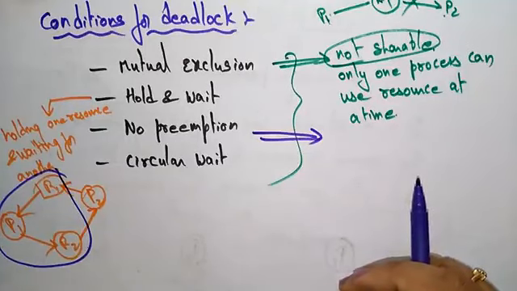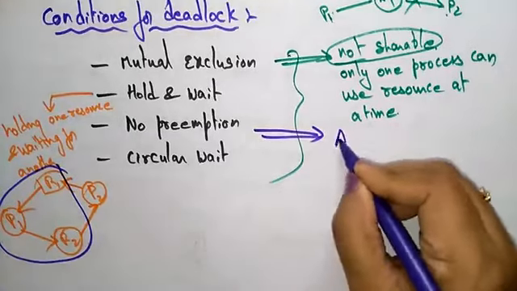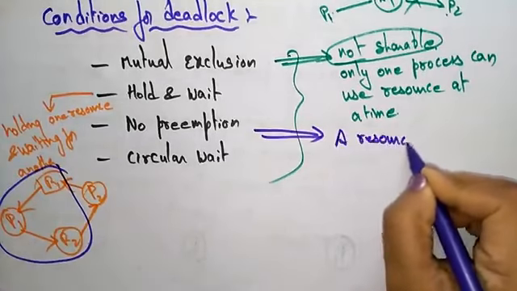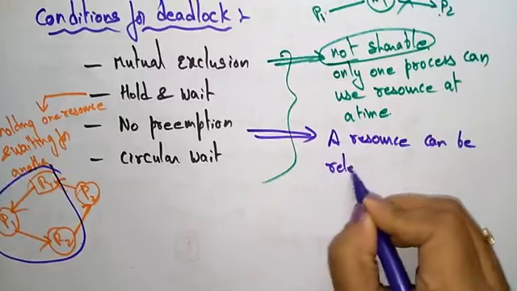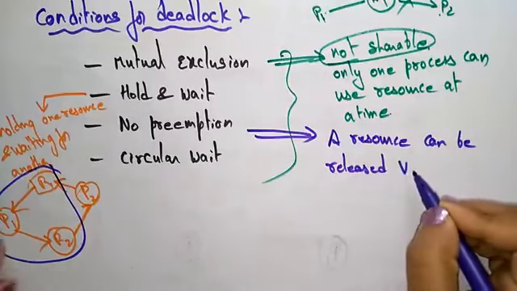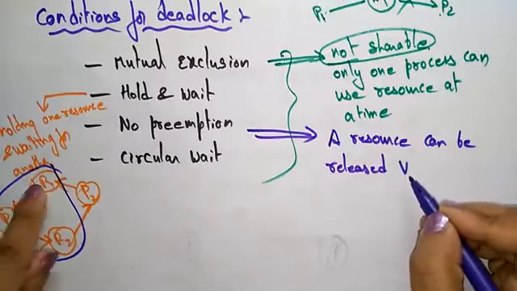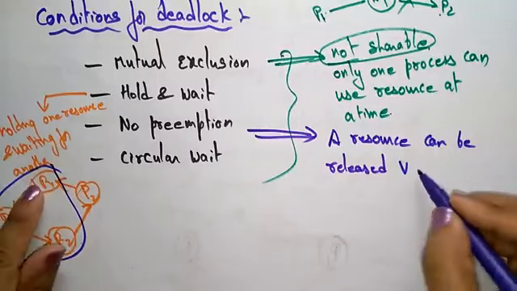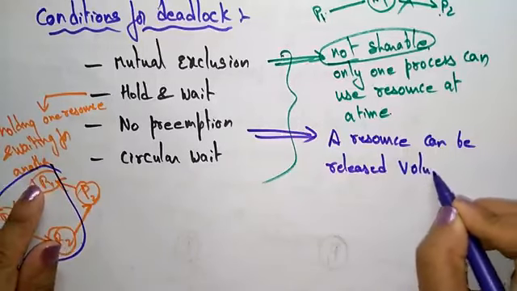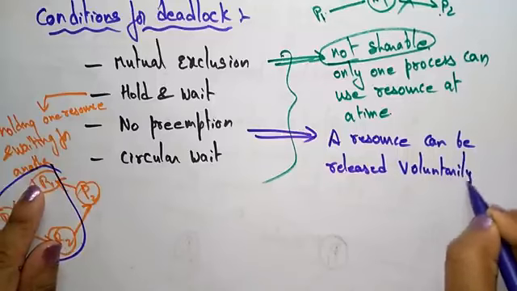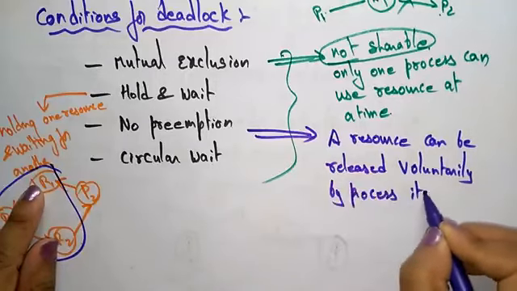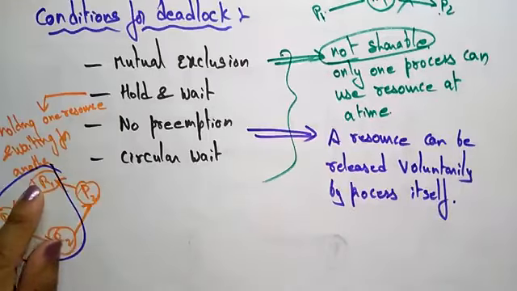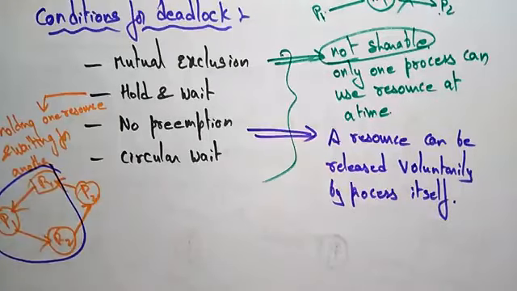Here what I'm saying is, let me write that a resource can be released voluntarily. So P1 has to voluntarily release R1, released by the process itself. That you call non-preemption.